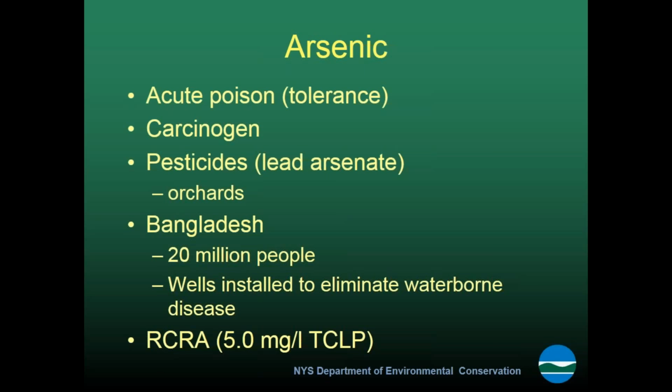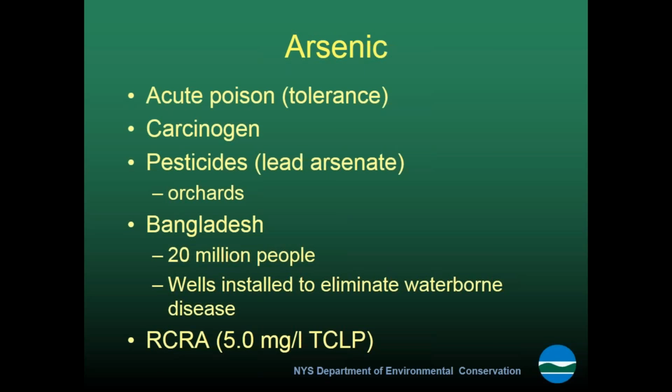But again, just to get a perspective, in Bangladesh, they had a huge problem with waterborne disease, and to eliminate that problem, they went through and replaced their surface water supplies with groundwater wells, and it did eliminate the problem of the waterborne disease.